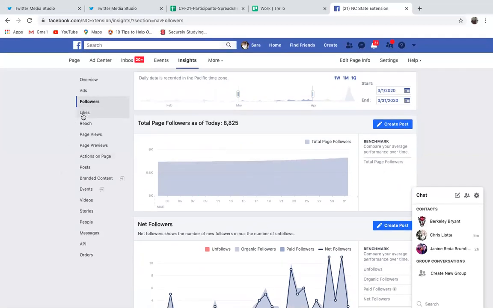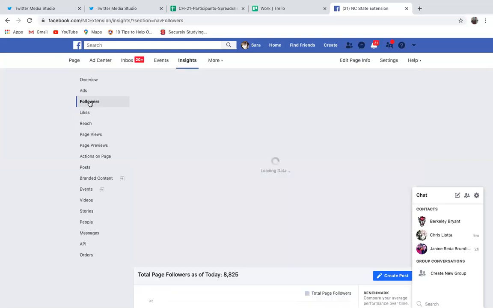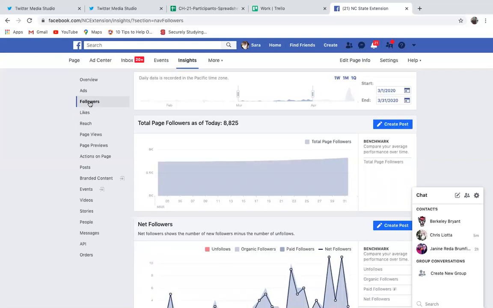Another section that you can look at is likes. So for me, likes and followers are very similar, and you might be wondering what the difference is. Followers are people who are actually seeing your posts, but they may not actually like your page. So they might not be associated.